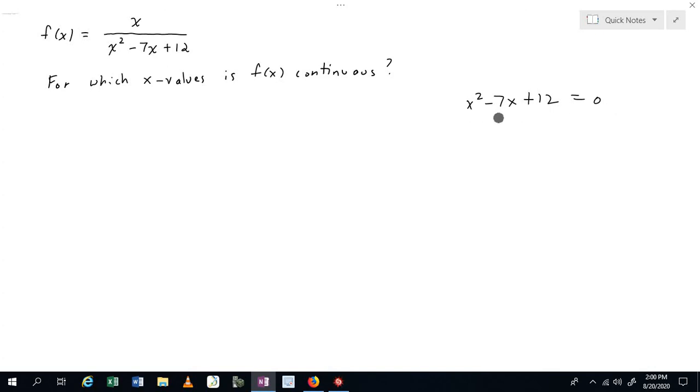Okay, so to find this, of course, you would want to factor this. Okay, and this would factor into x minus 3, x minus 4. And then when you solve this, you get x equals 3 or x equals 4. Okay, so there's two x values where the denominator of this function is equal to 0, 3 and 4.